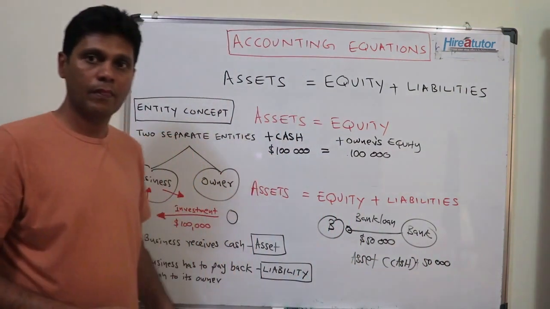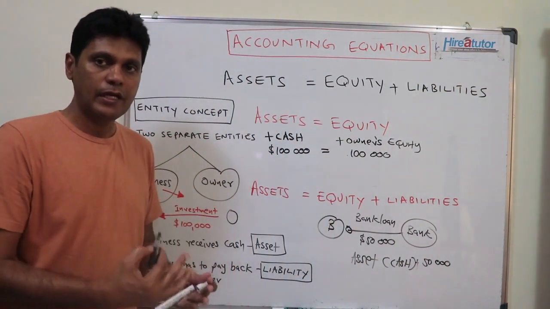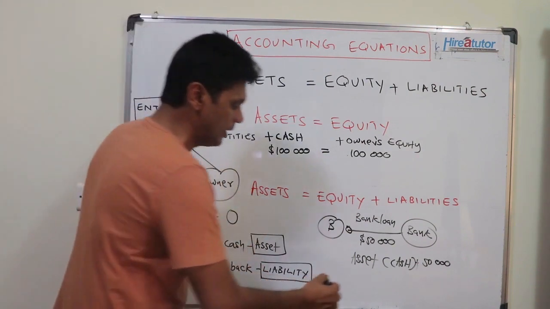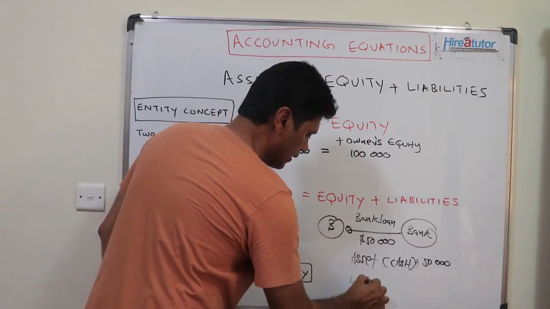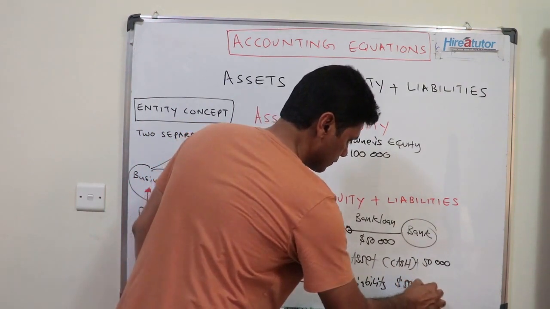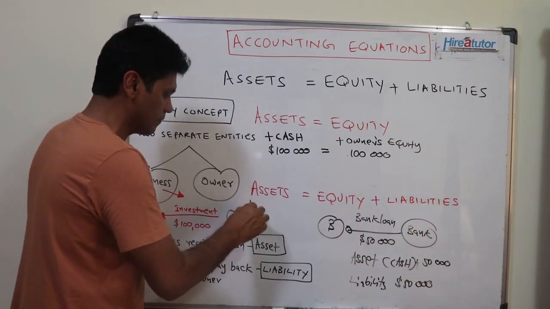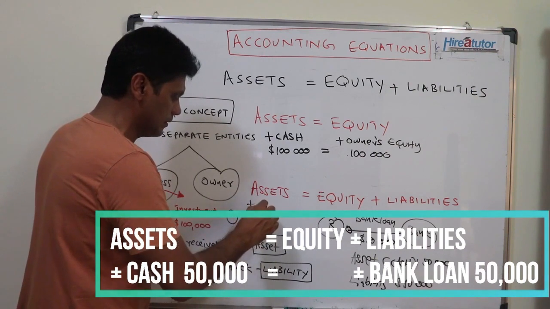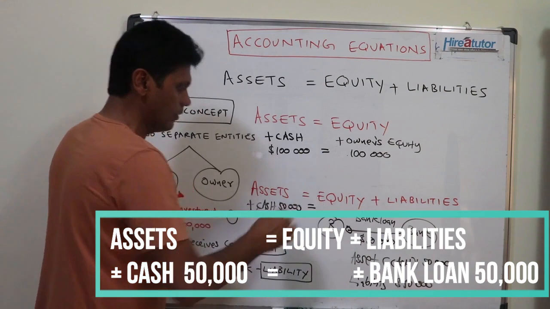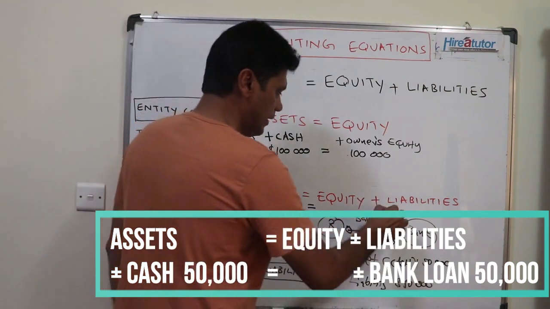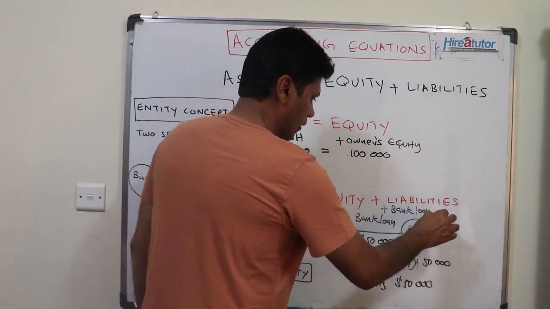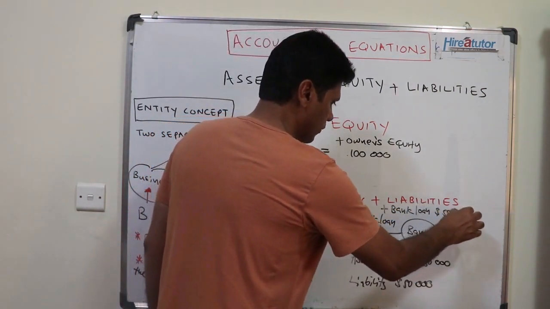Also, from the business point of view, it owes a liability towards the bank. So it creates a liability towards the bank of 50,000. The cash balance will increase by 50,000, which is equal to the liability: the bank loan will also increase by 50,000.